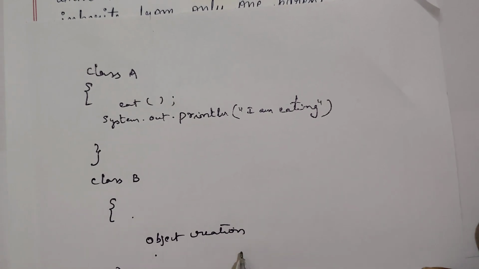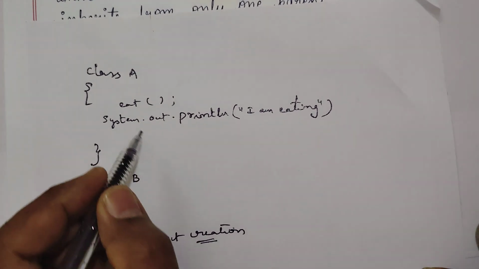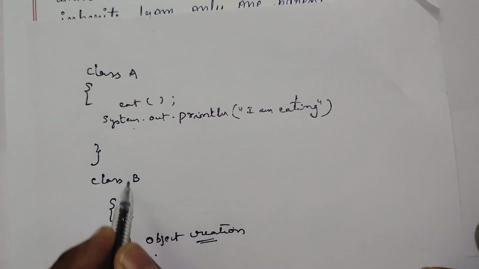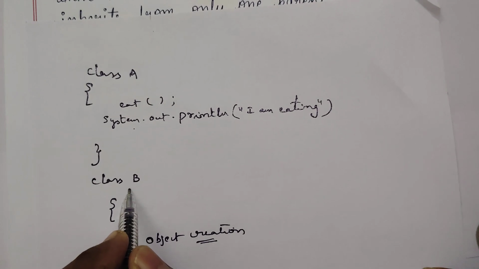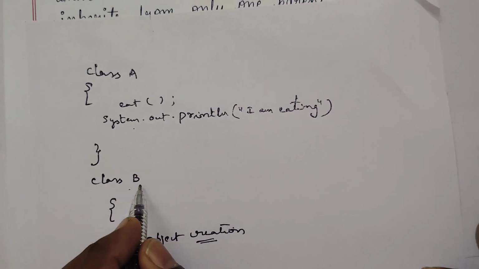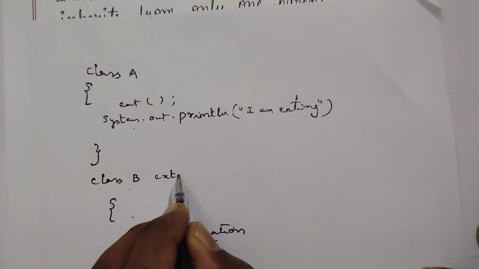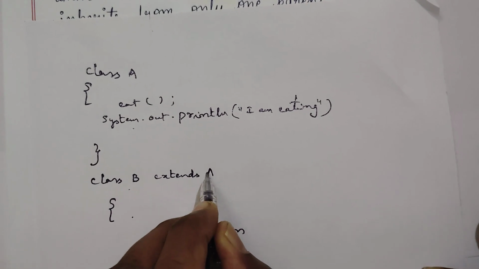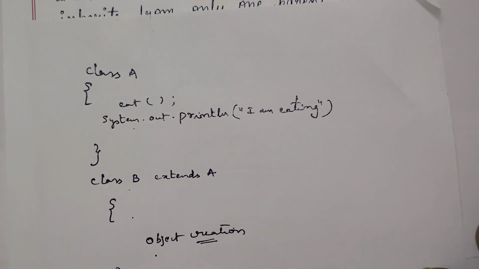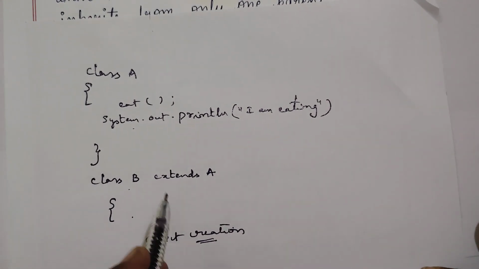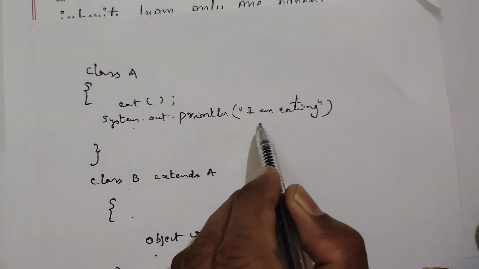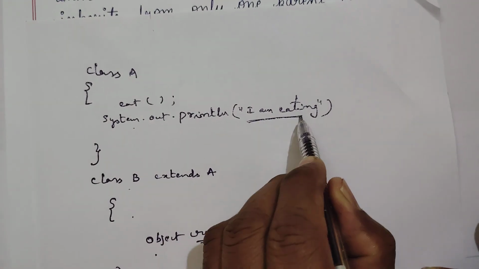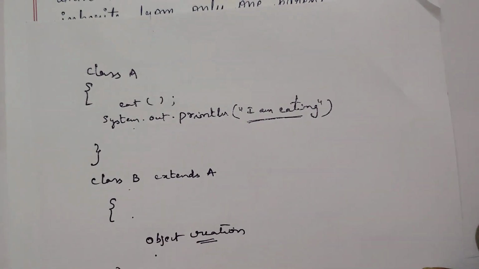It won't be executed because we are calling the object from class A, unless and until at that time class B has the word called extends. Class B extends A. Then the program will be executed. The output becomes "I am eating." Otherwise it won't be executed.